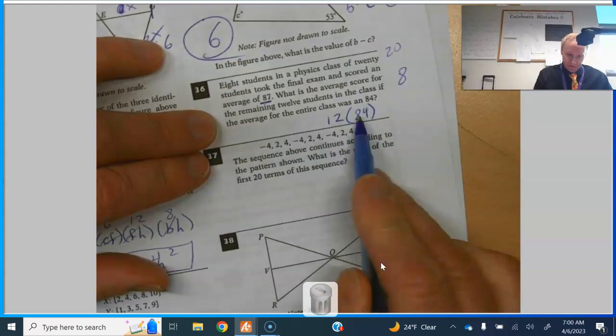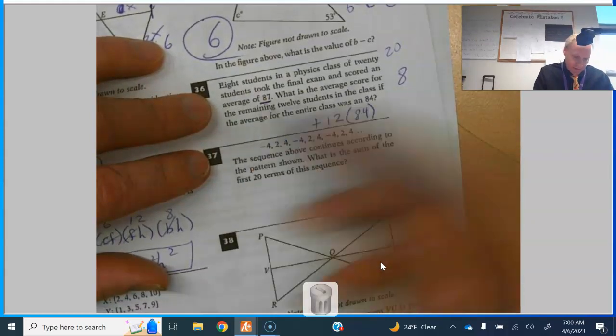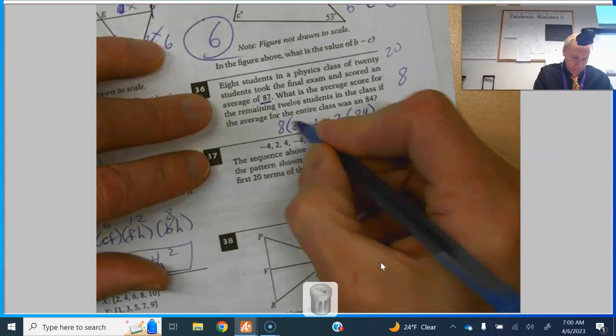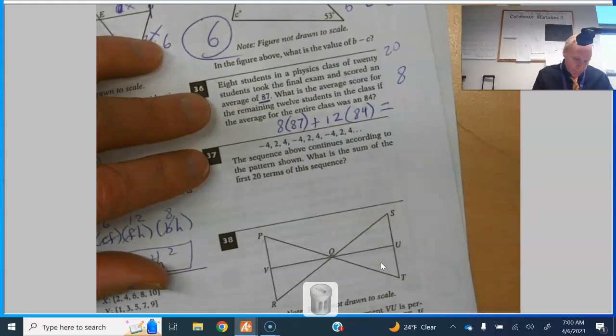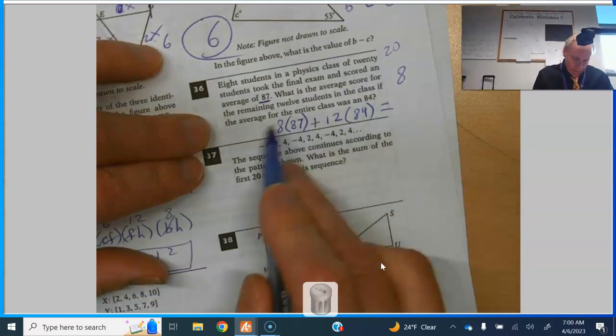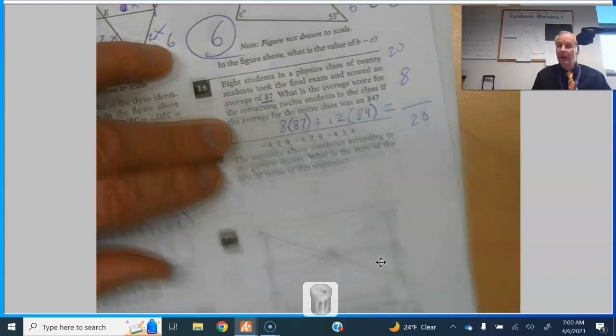That's their remaining average. Now, the first 8 got an average of 87. And we have a total of 20. So you take this and divide by 20 and you're done.